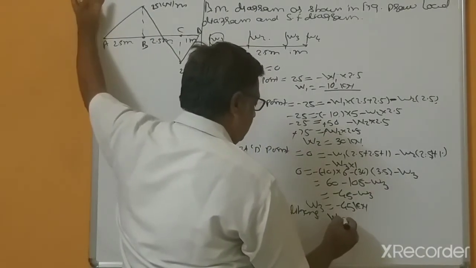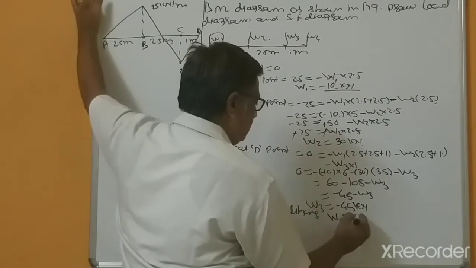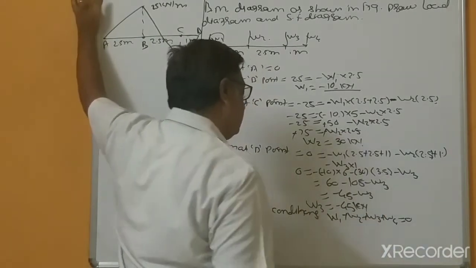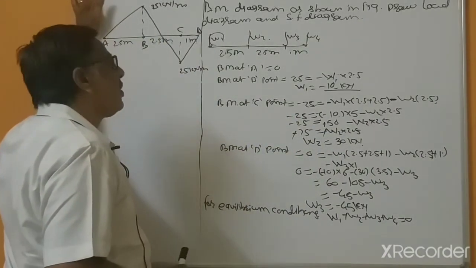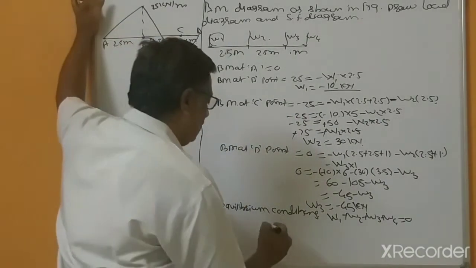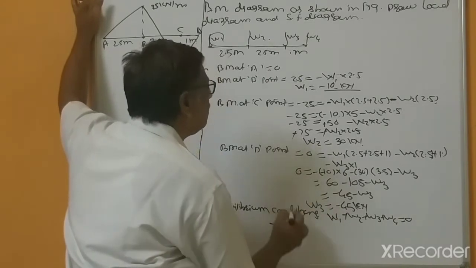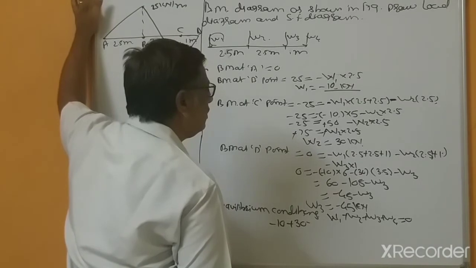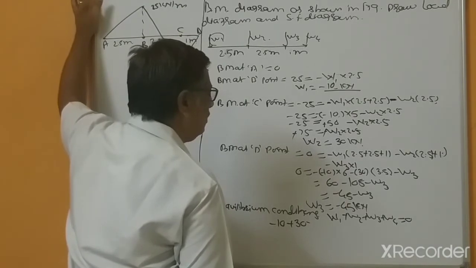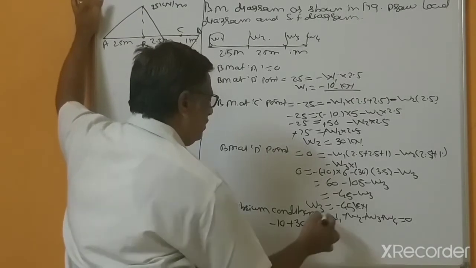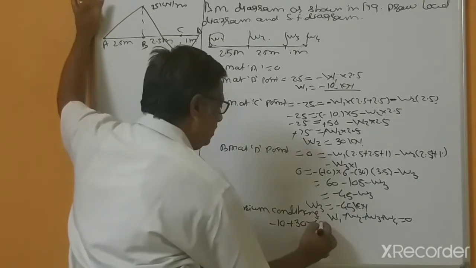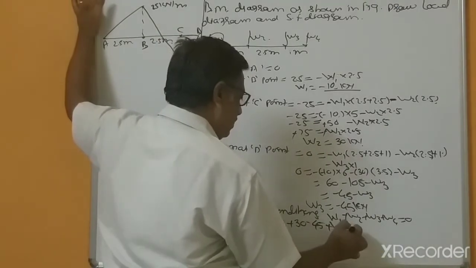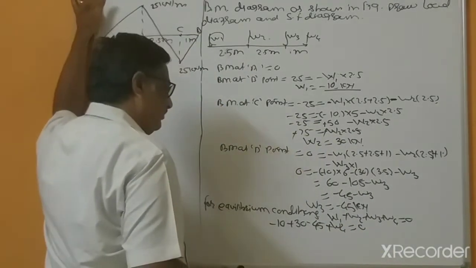Now for the equilibrium condition, W1 plus W2 plus W3 plus W4 equals 0. Minus 10 plus 30 and this W3 minus 45 plus W4 equals 0.